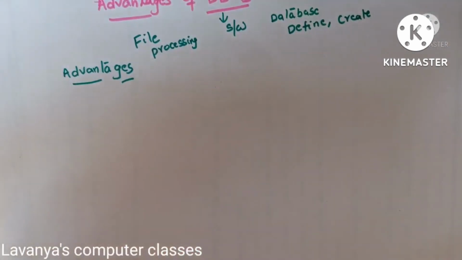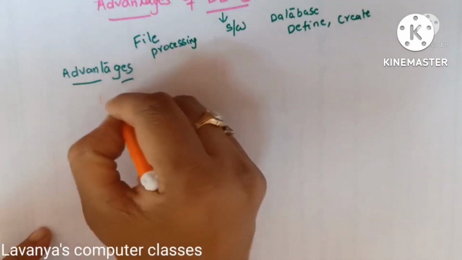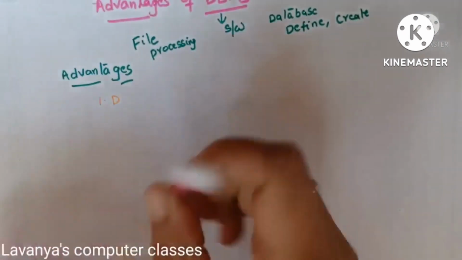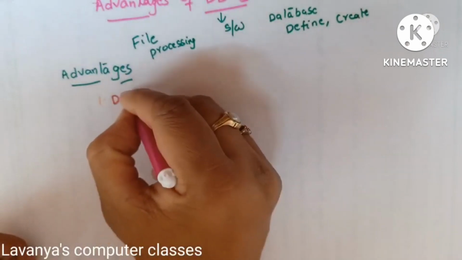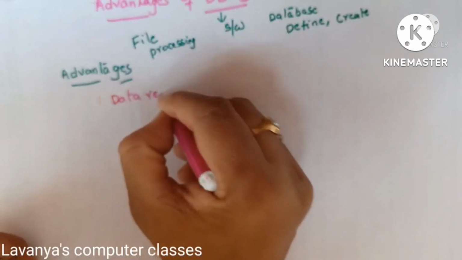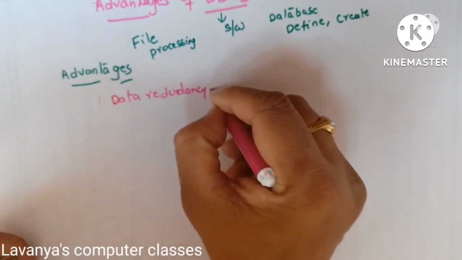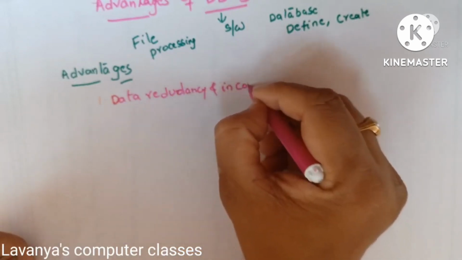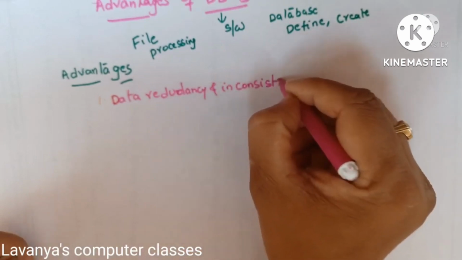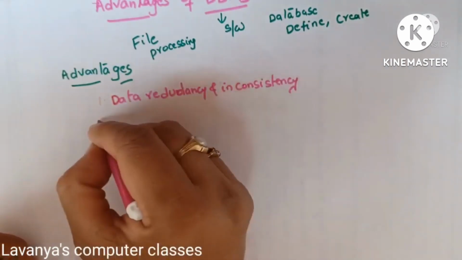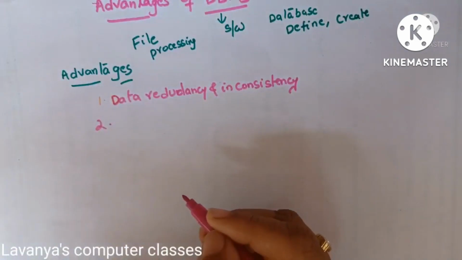So what are the advantages of DBMS? First I will make the list, and after that I will explain each one. The first one is removing data redundancy and inconsistency.